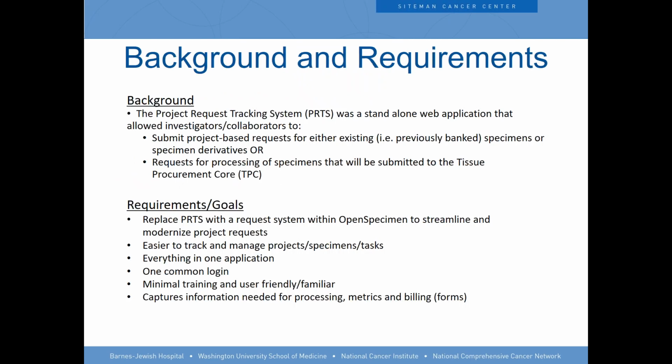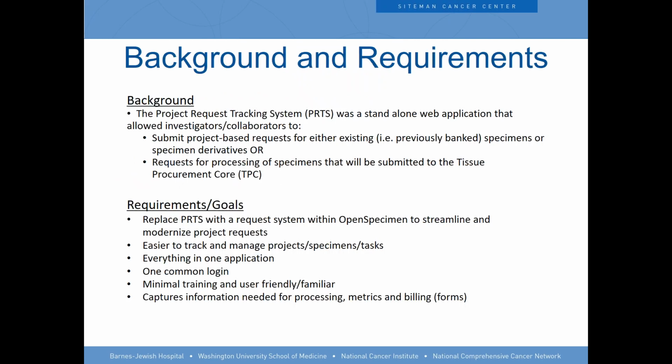In those cases, OpenSpecimen doesn't know about those specimens, and there's a way for that to be handled in the project tracking system now. But it's kind of the corner use case. The majority of folks that have requests are requesting services against specimens that exist in OpenSpecimen.